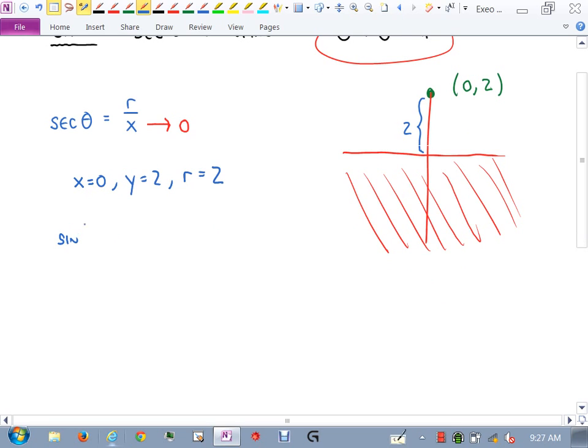So sine theta is y over r, is 1. Cosine theta is what? X over r, so 0 over 2, that's 0. Tangent theta is y over x, which is undefined.